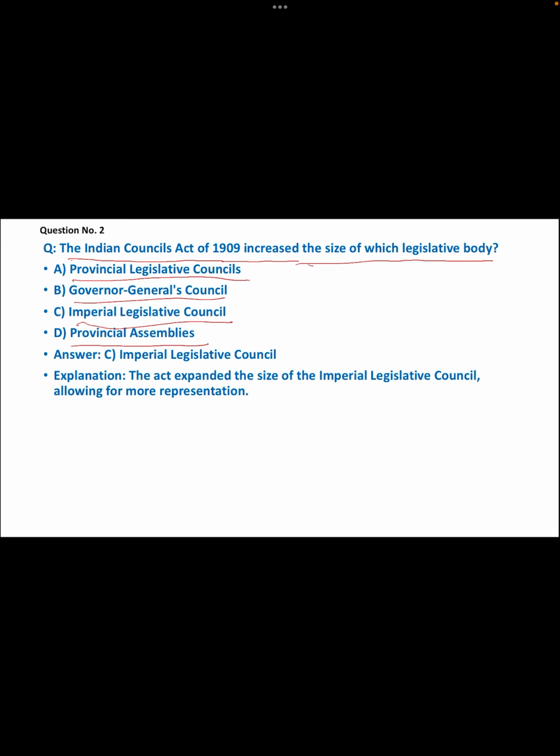And the answer is the imperial legislative body. So the right answer is C.